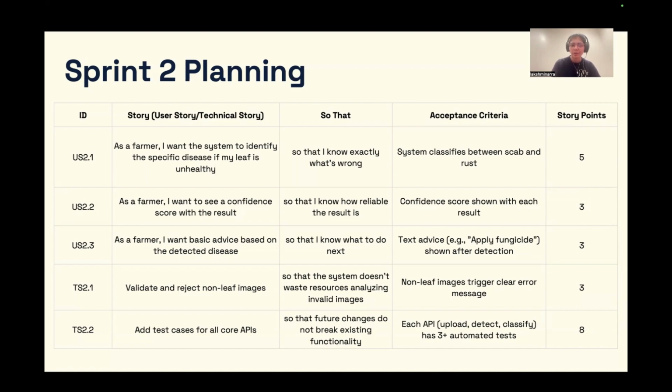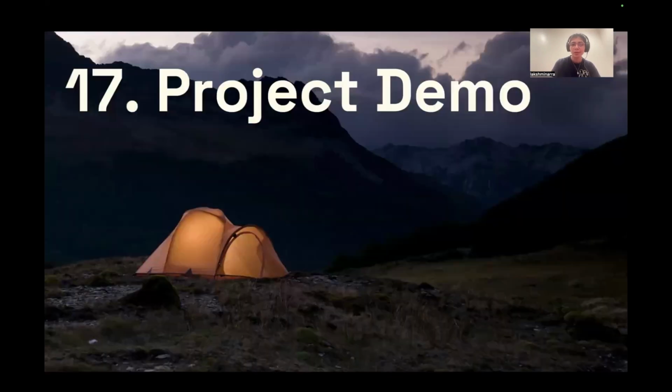As a farmer, treatment advice under ID US 2.3 provides action recommendations. Non-leaf image validation under ID TS 2.1 prevents incorrect uploads. Automated testing under ID TS 2.2 adds test coverage for system stability to upload, detect, and classify. Can you turn the slide?